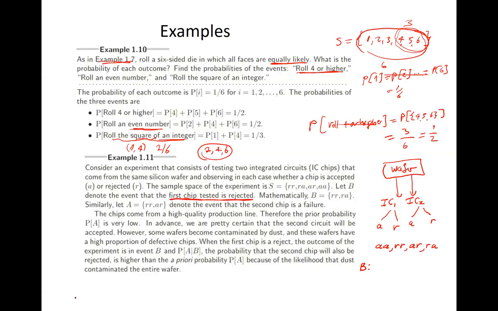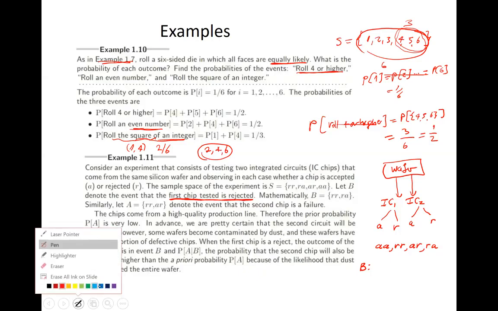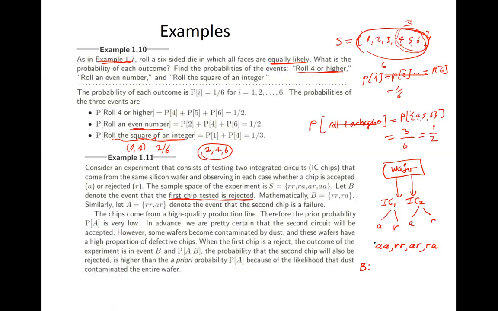Let's see which outcomes we have. The first chip is rejected: this one and this one. So B could be RR or RA, 2 outcomes.